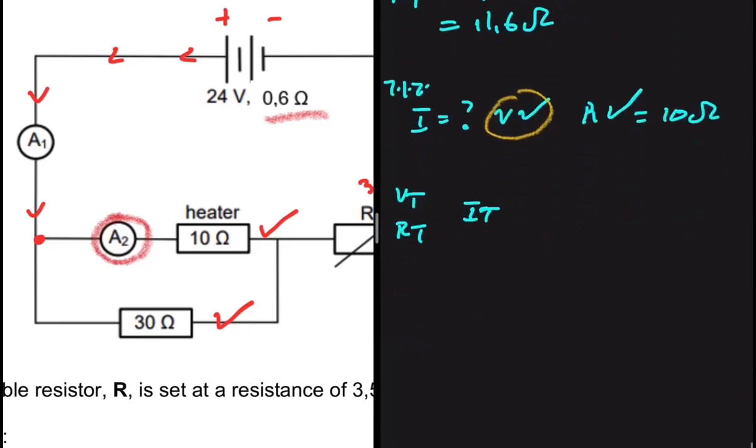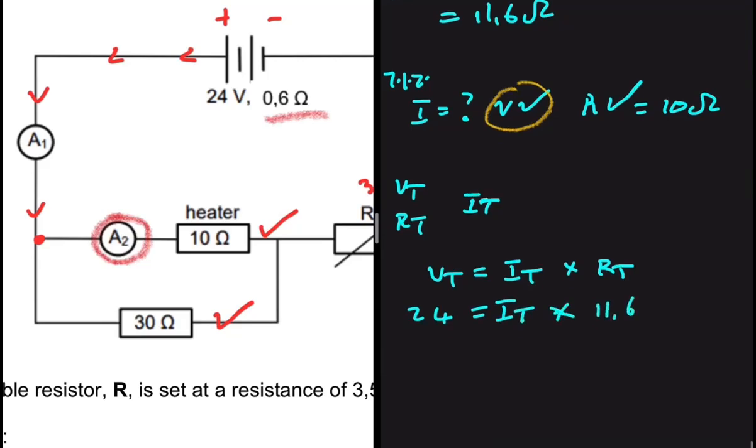So let's go ahead and say that VT is equal to IT multiplied by RT. The total voltage is equal to the total current multiplied by the total resistance. The total voltage, that is 24 volts. And then the total current, it's what we are interested in, right? And then the total resistance, we calculated it to be 11.6.